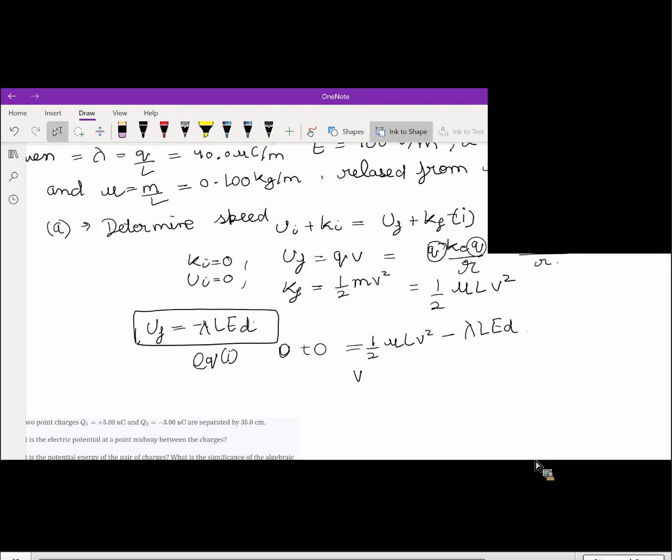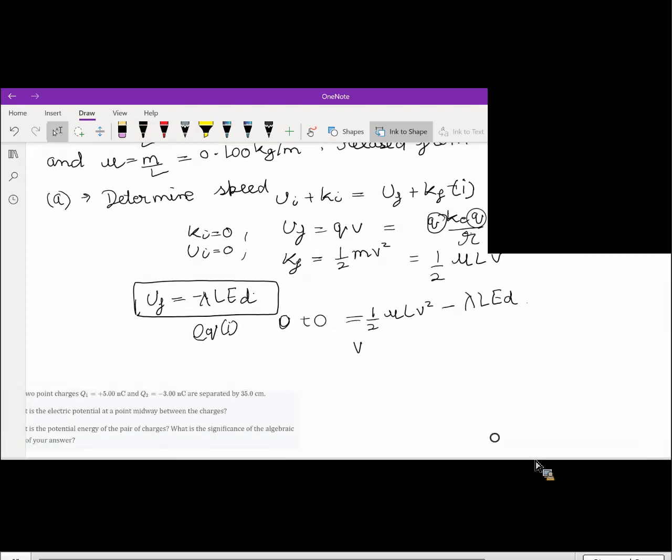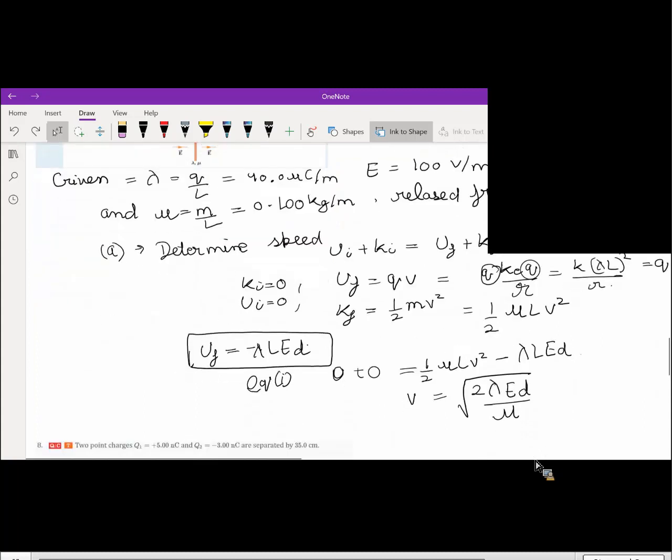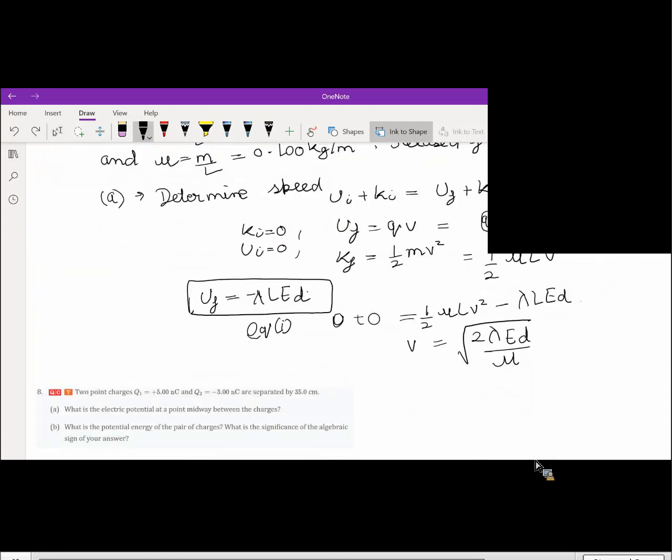From here you find your v, you just rearrange the terms, and you get v equals square root of 2 lambda E d by mu. So that's how you find it. This is your answer to the first part of the question: determine the speed of the rod after it has traveled 2 meters. You get your velocity.